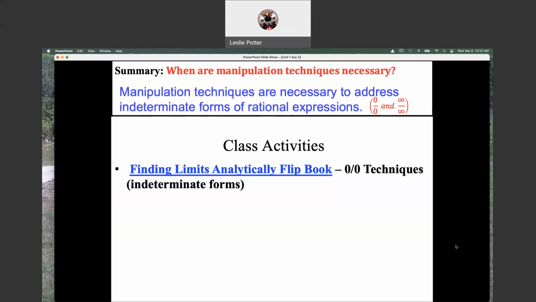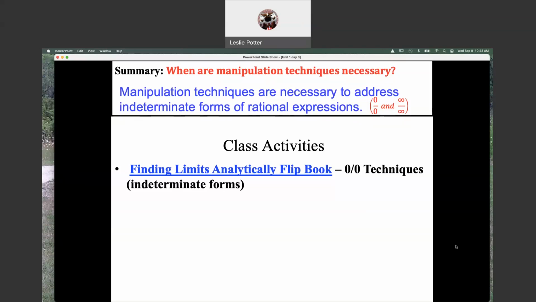The purpose of this foldable is that you have an example problem, and then they have you work the problem in the dashed box. After you get done working the problem, you have 2 examples of each variety of manipulation techniques, and you can refer back to them.